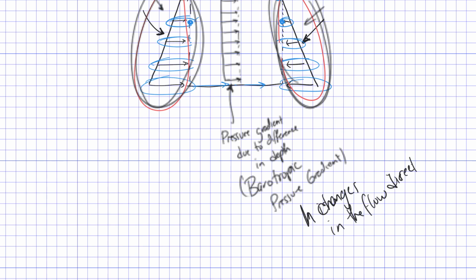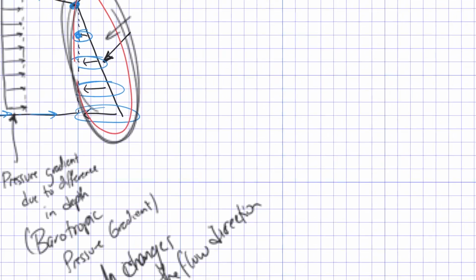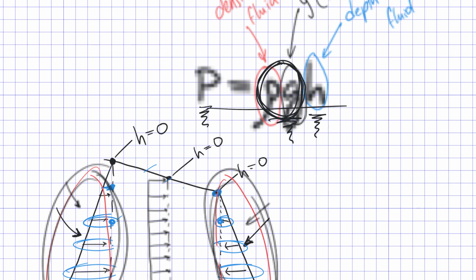All right, so now we've dealt with what happens when the depth changes in the flow direction. So let's talk about what happens when the density changes in the flow direction, okay?